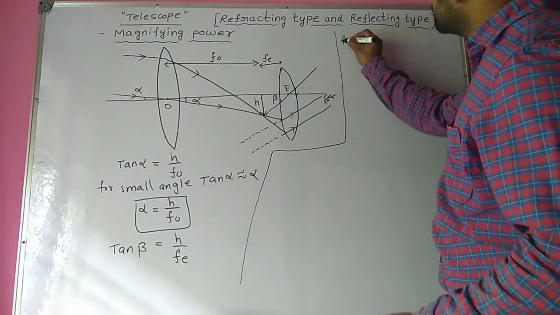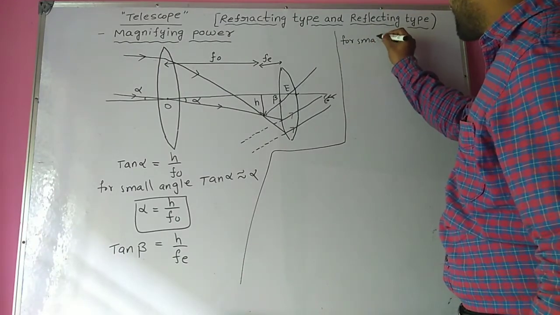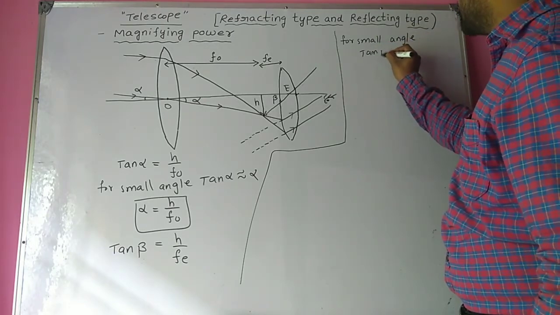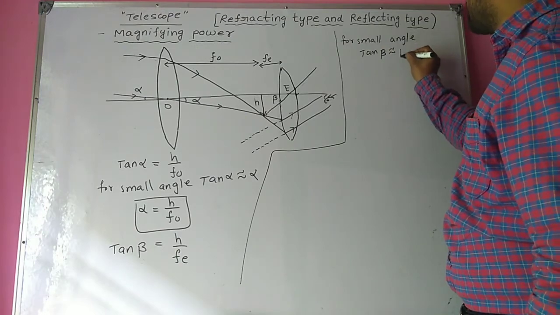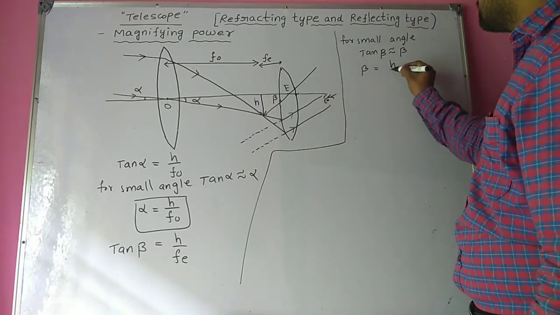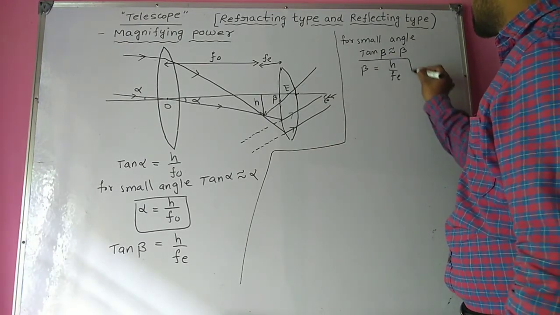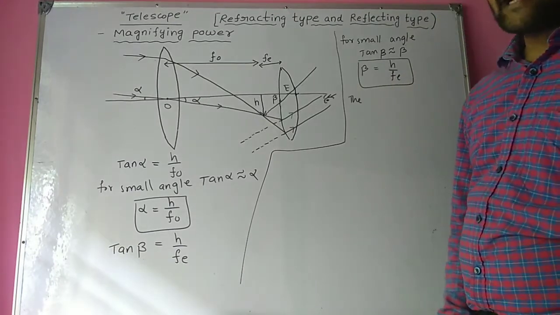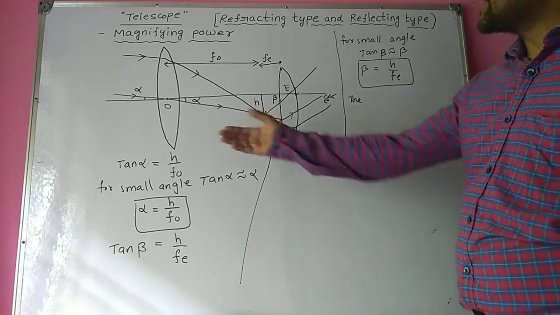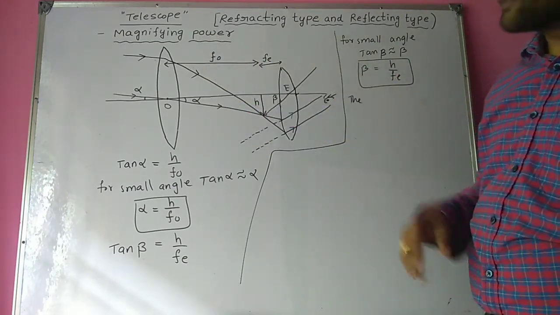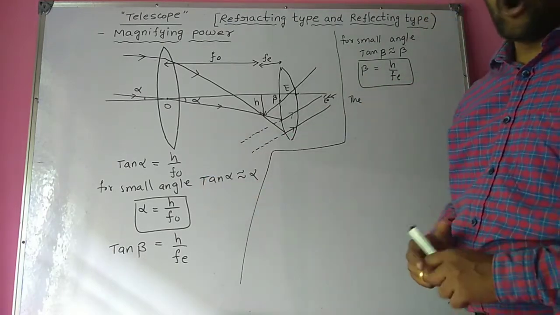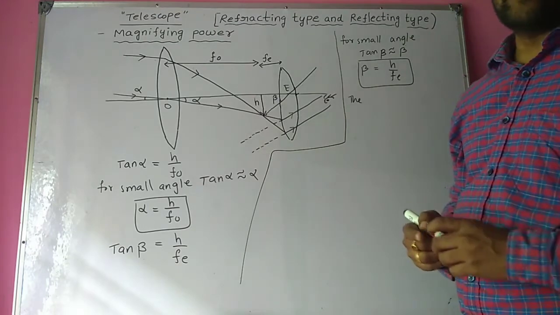For small angle, we can write tan beta is equal to beta. From that, beta is equal to h by Fe. Now, the magnifying power is the ratio of the angle made by the image to the angle made by the object at the eye. That means beta is the angle made by the image and alpha is the angle made by the object. So beta by alpha gives the magnifying power.